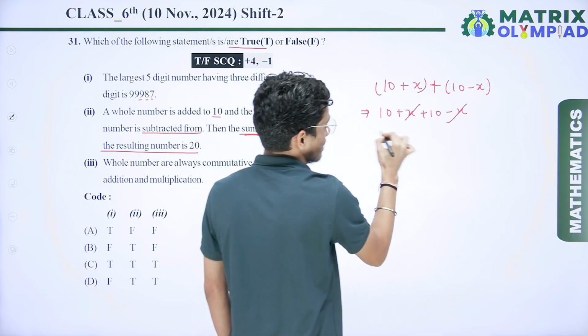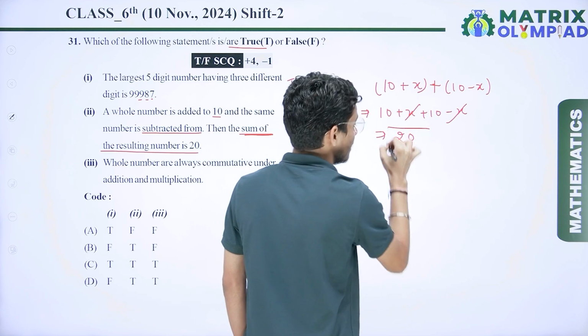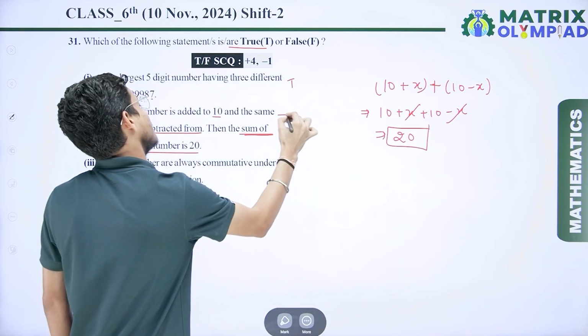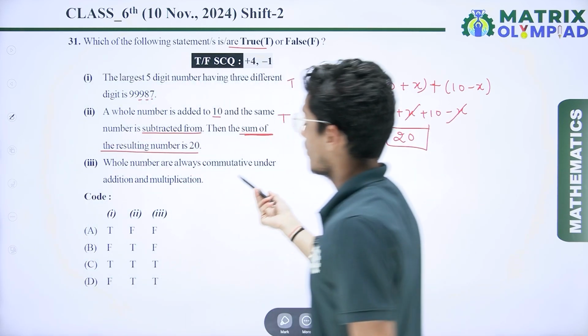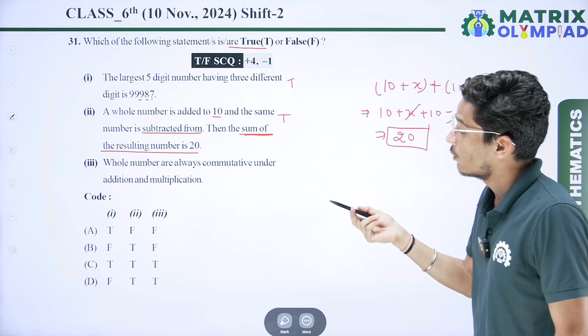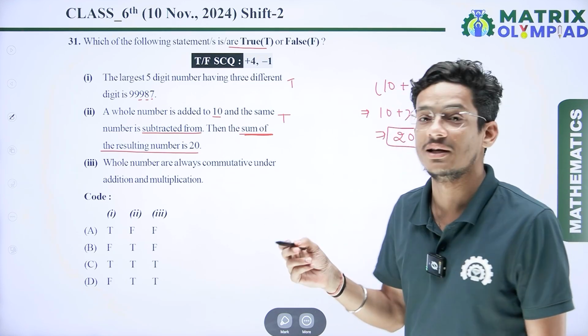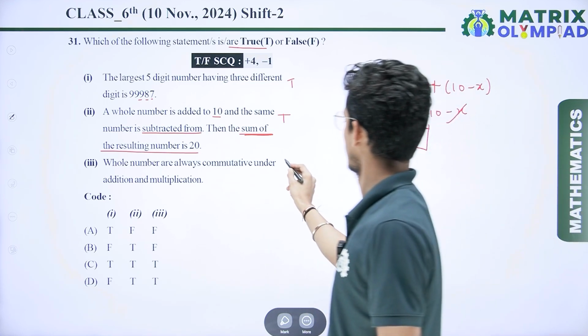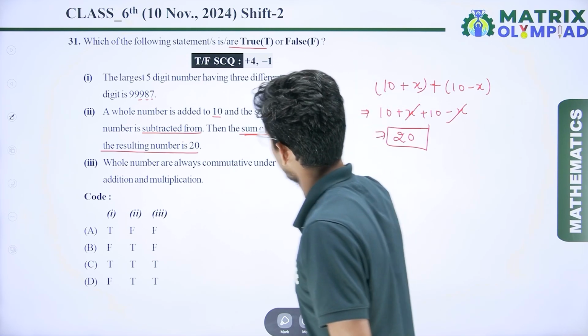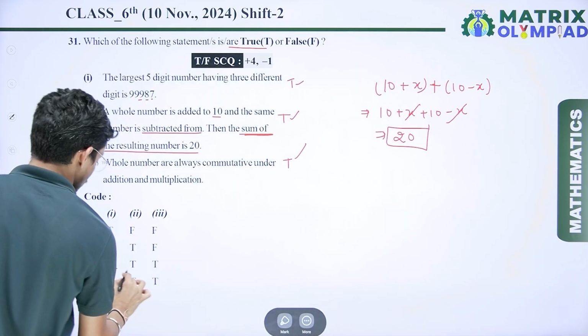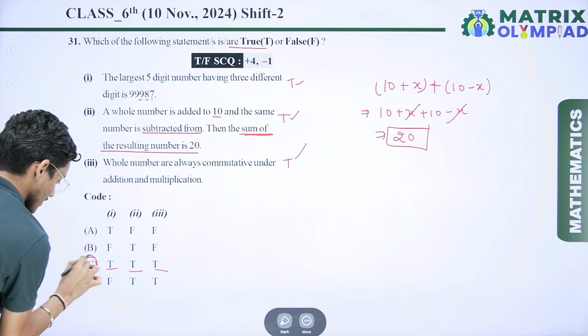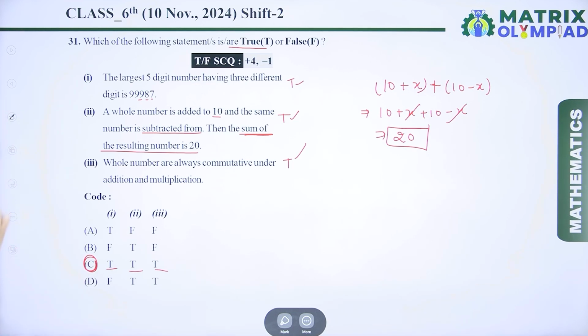So minus x and plus x cut out. So here we get the sum, that is 20. It means this statement is true. If I talk about the third one, the whole numbers are always commutative under addition and multiplication. Yes, this one is also true. So here true, true, true. So check which option is correct. True, true, true. Here option number C is the correct answer.